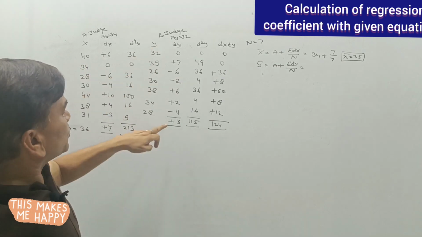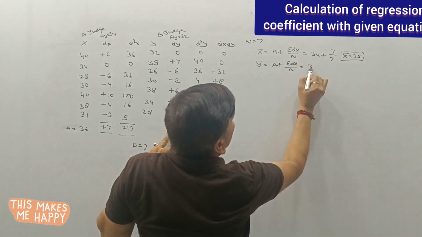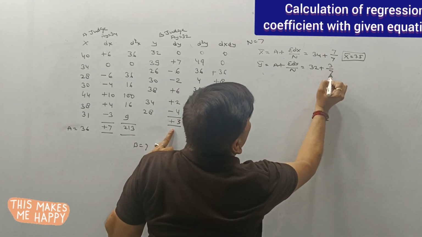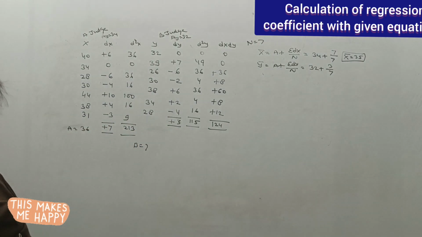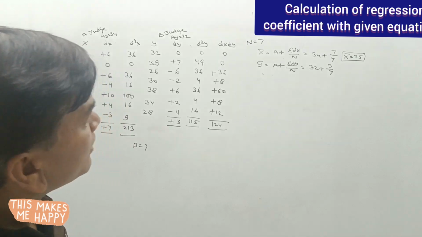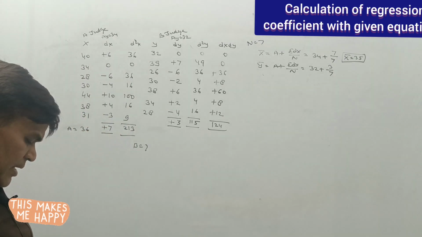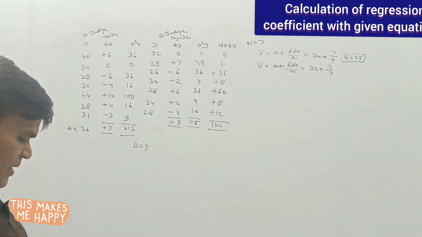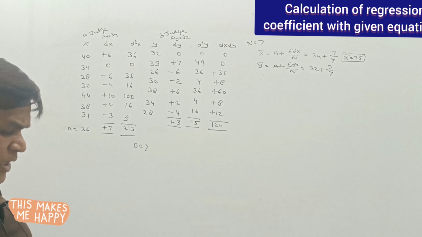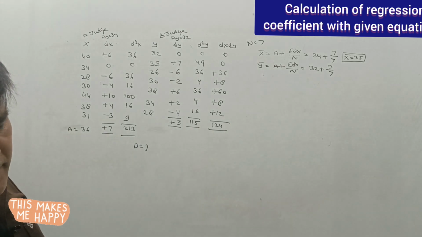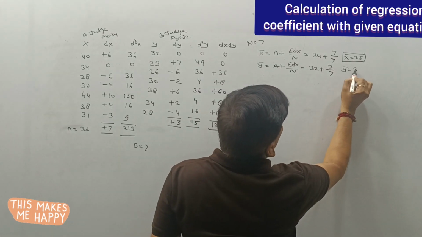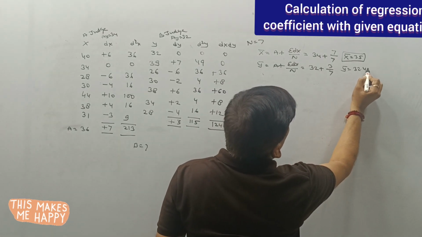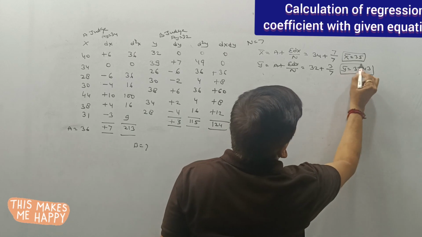So 32 plus 3 divided by 7. First one is 33 divided by 7 plus 32, that is 32.428. That is y bar is 32.428. So 43 we can write.